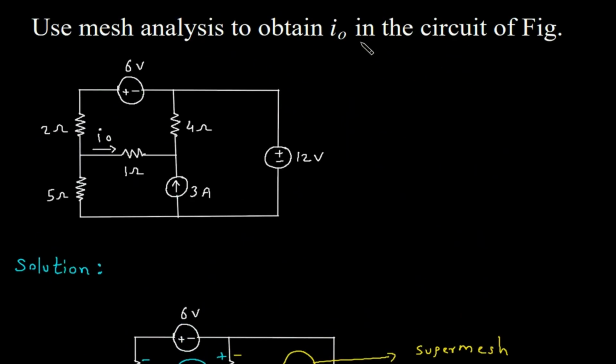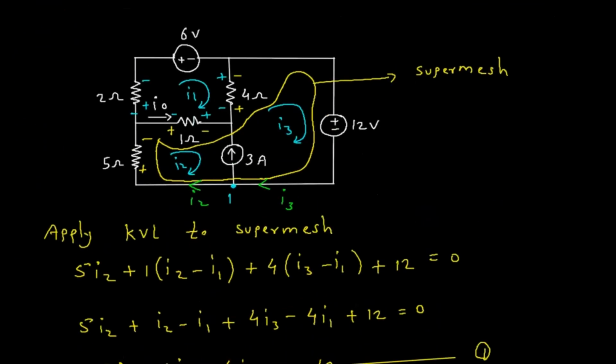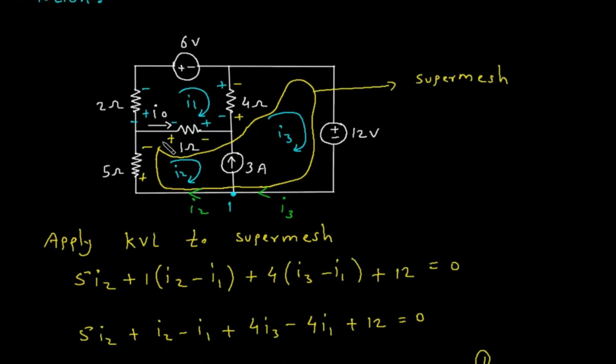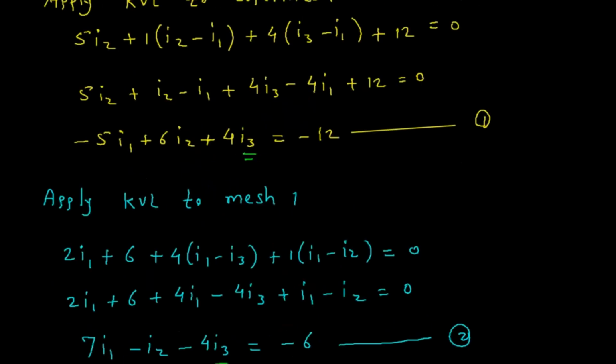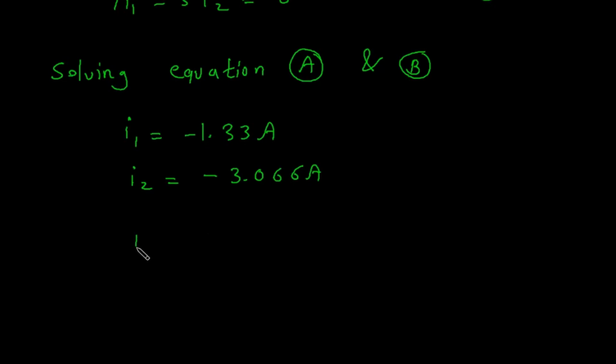What we have to find? We have to obtain I0. This I0 is equal to I2 minus I1. I0 is equal to I2 minus I1. So this will be minus 3.066 minus (minus 1.33).